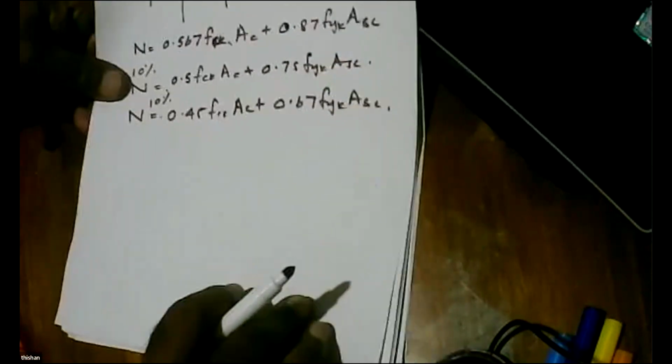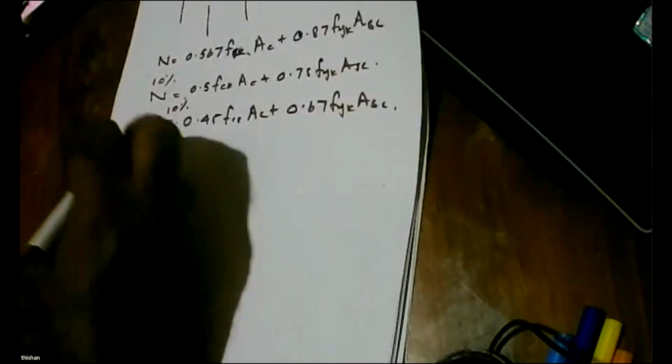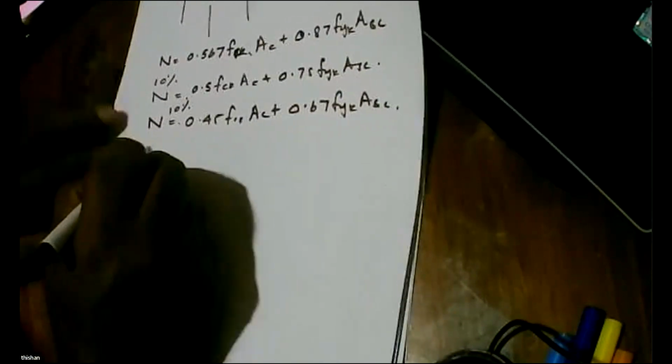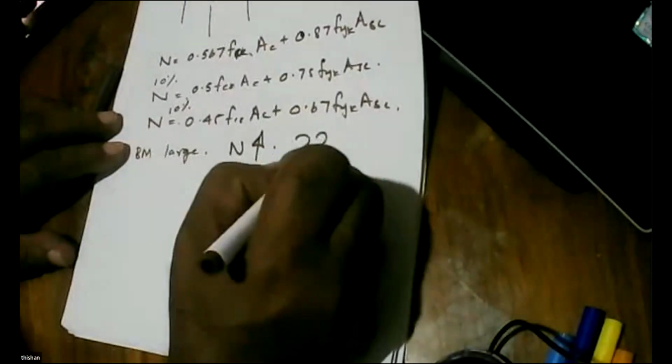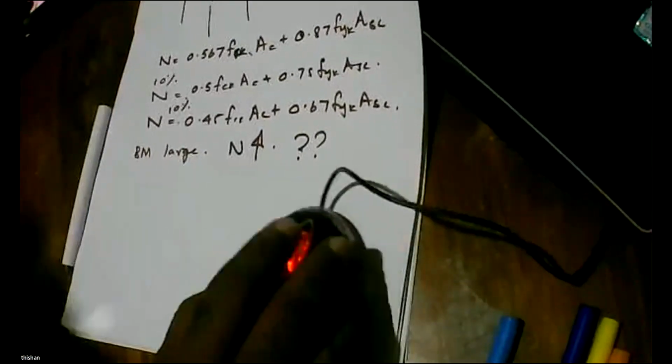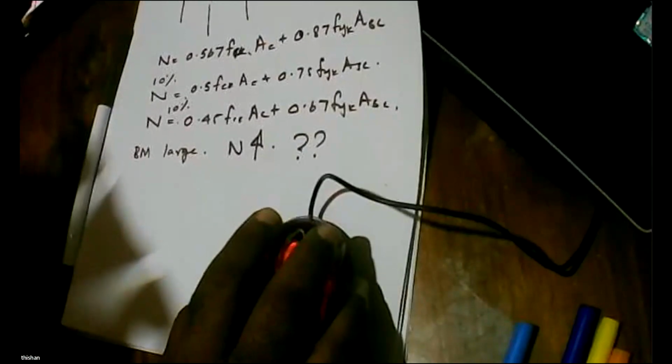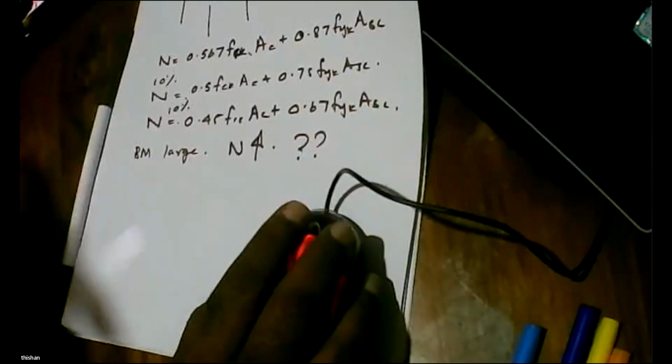But this is good when the bending moment is small. If the bending moment is large and the axial force is large, what to do? I'll explain, because I think the last time I did not show you this interaction chart.